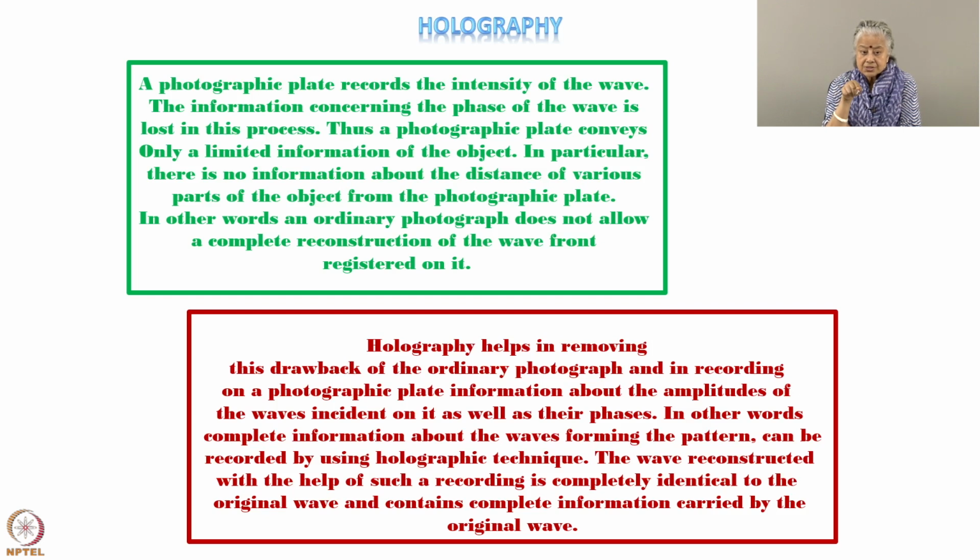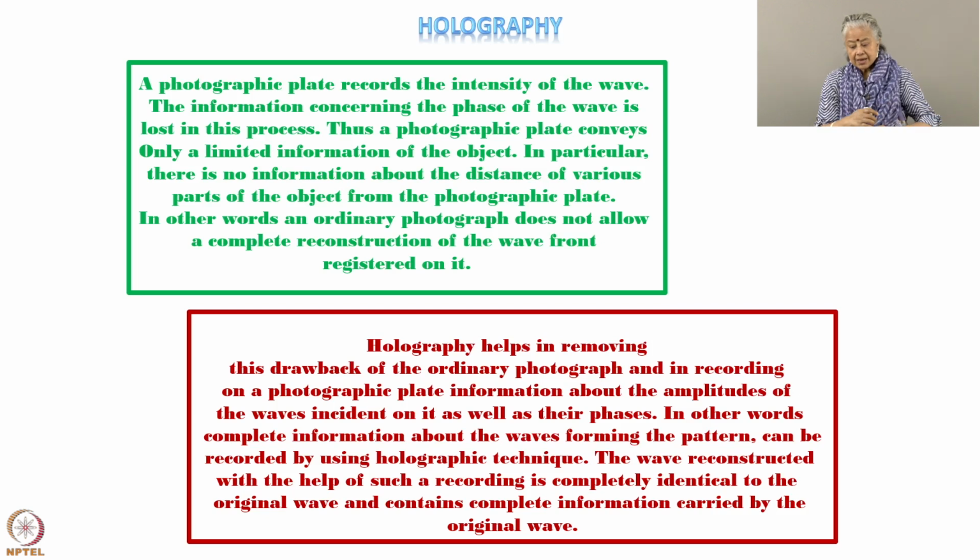The amplitude was measured, because you are recording the intensity pattern, okay? And amplitude square is the intensity. In other words, complete information about the wave forming the pattern can be recorded by using holographic techniques. The wave reconstructed with the help of such a recording is completely identical to the original wave and contains the complete information carried by the original wave.